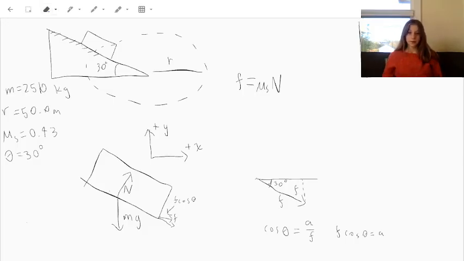If we do the same thing for the sine, it's going to be the opposite over the hypotenuse, which is F, so sine theta is equal to O over F, and then F sine theta is going to be equal to this guy. So you can see that this length here is the same as if I just moved it over here.